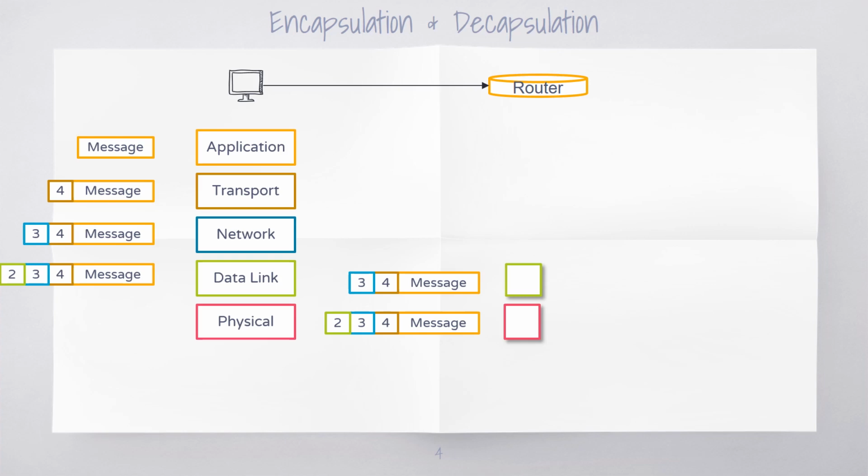So that header information, header 2, has been stripped off and it is given to the network layer. At the network layer, based on the network addresses present in the header, that is header 3, it will check on which particular link the data has to be forwarded next.